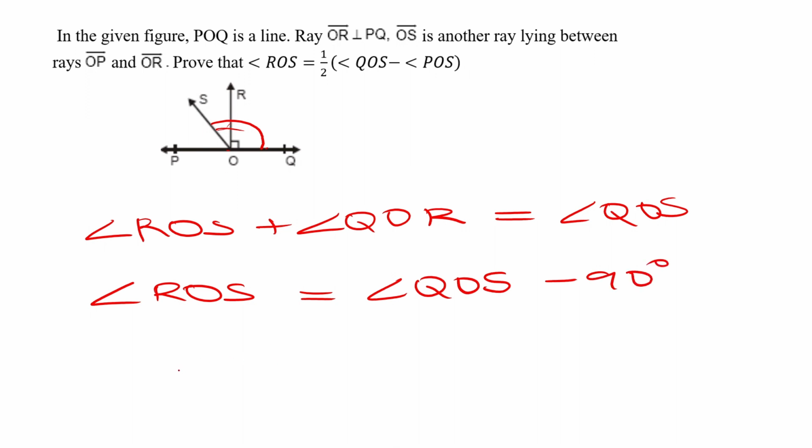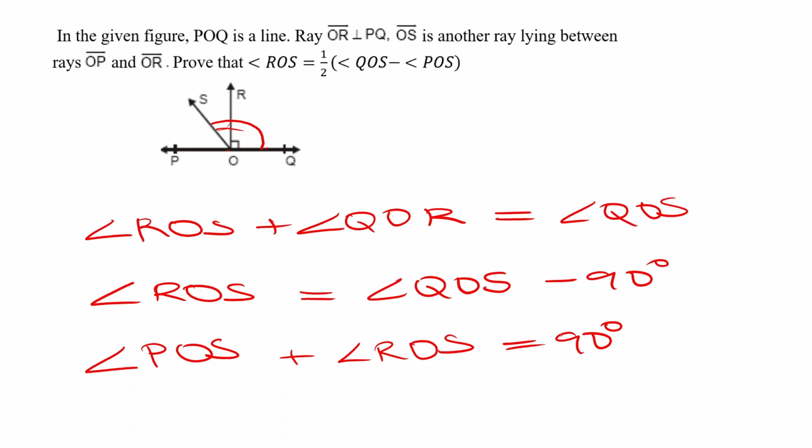Now we have already seen in the previous step that POS and ROS add up to 90 degrees. Now if we make this equation and bring it here, we have 90 and 90 common.